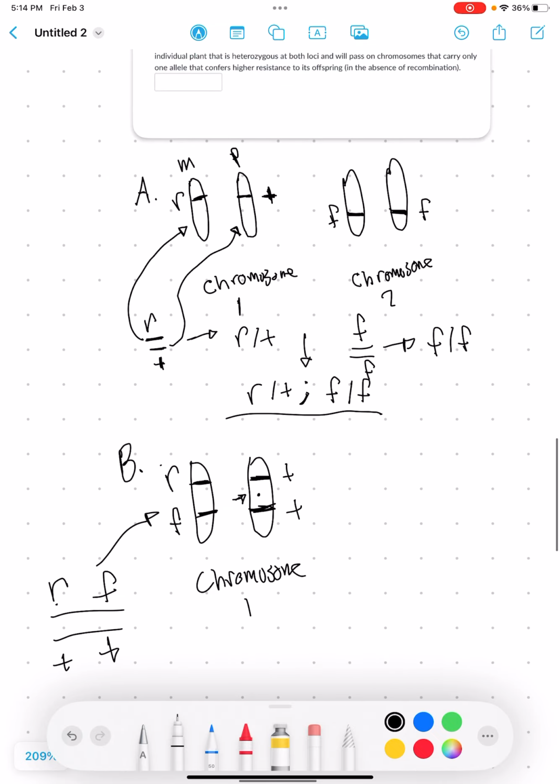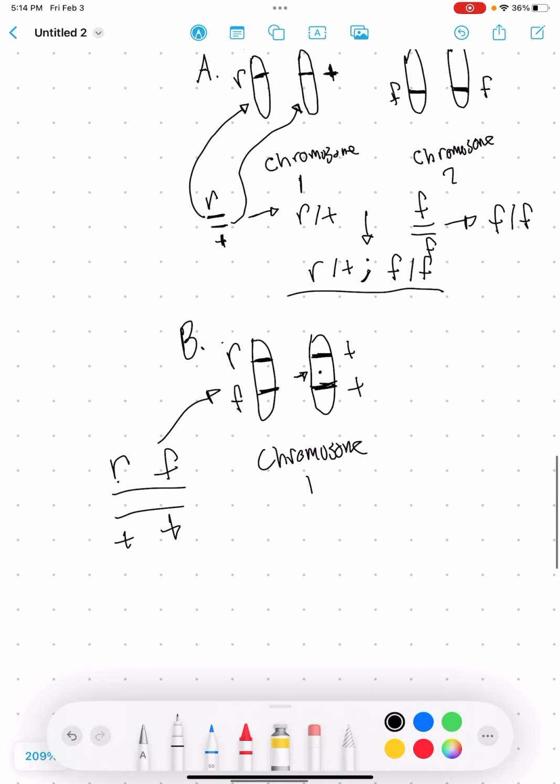The question says it wants it so that each chromosome will pass on an allele that confers higher resistance. So when these separate during meiosis, we're going to get a chromosome that has both alleles for higher resistance and a chromosome that has no alleles for higher resistance, which is not what we want. The question wants each chromosome to have an allele for higher resistance.